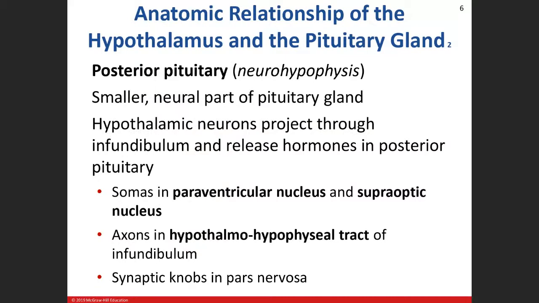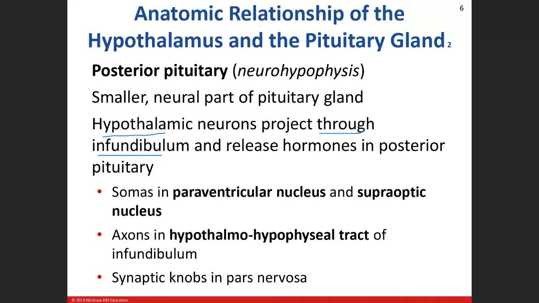In the posterior pituitary, you've got these neurons that travel. The bodies of these neurons are located in the hypothalamus, but these neurons project from the hypothalamus down into the posterior pituitary. They have to travel through the infundibulum.